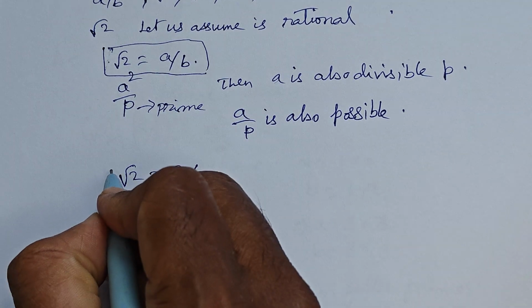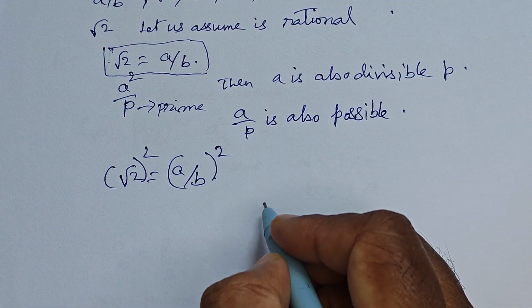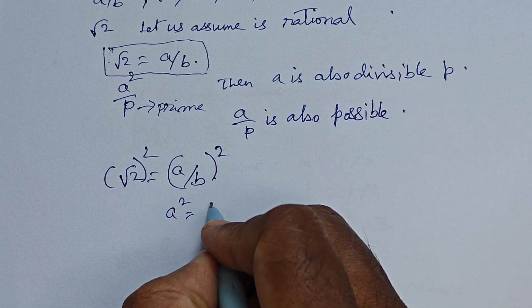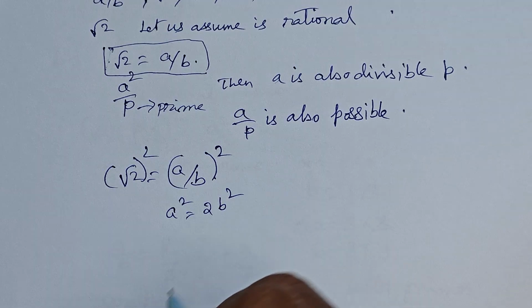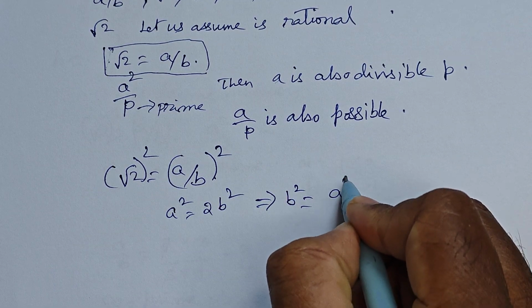Now I will square both the sides. Root 2 whole square is equal to a square divided by b square. So a square is equal to 2 times b square, which means b square is equal to a square by 2.